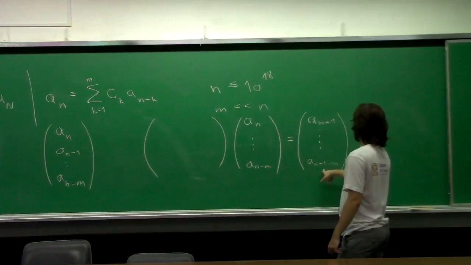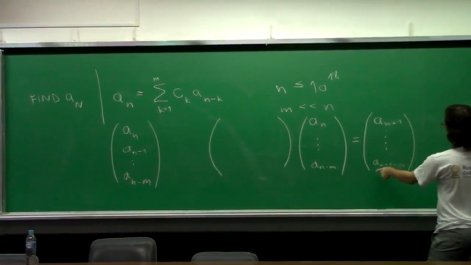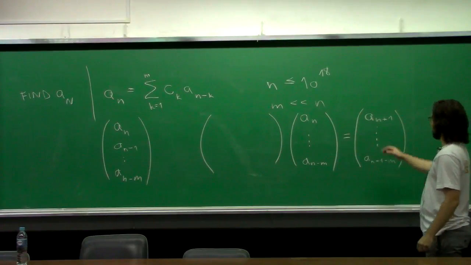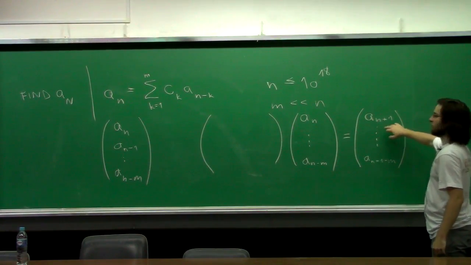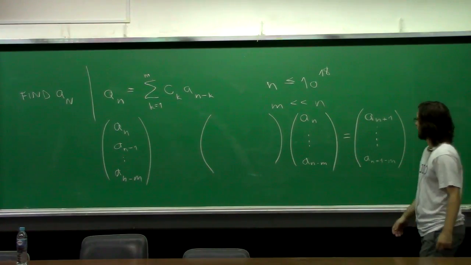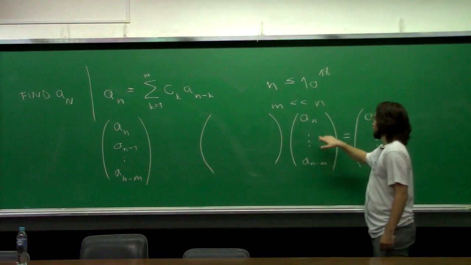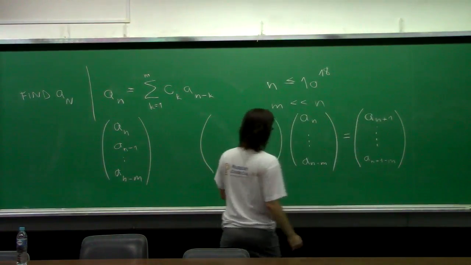Of course, this is an. For example, the second term would be an plus 1, an minus 1, an minus 2 up to an plus 1 minus m. And these terms already exist in this vector.